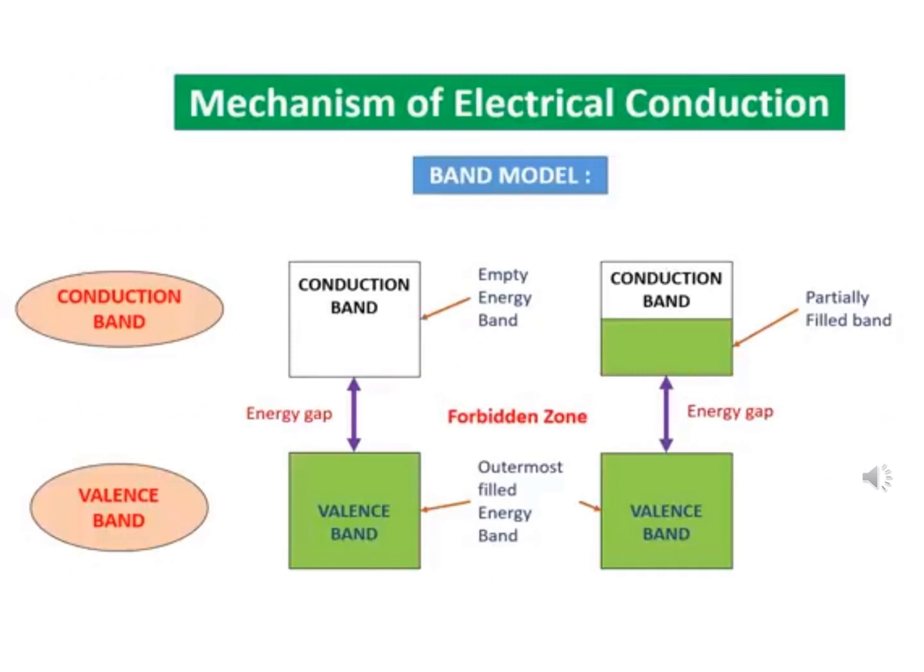So what is the mechanism of electrical conduction? There is a band model, as we explained, that in electrical conduction we take two bands into consideration: one is the conduction band and the other is the valence band.